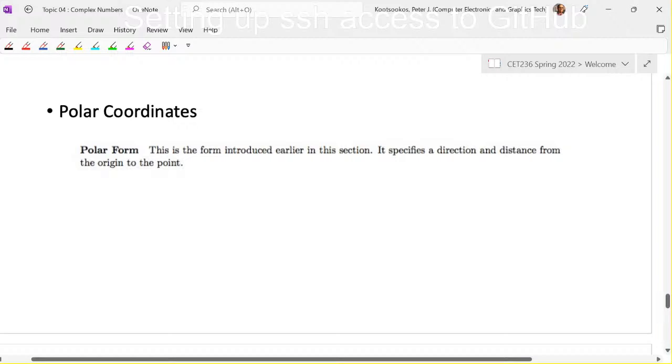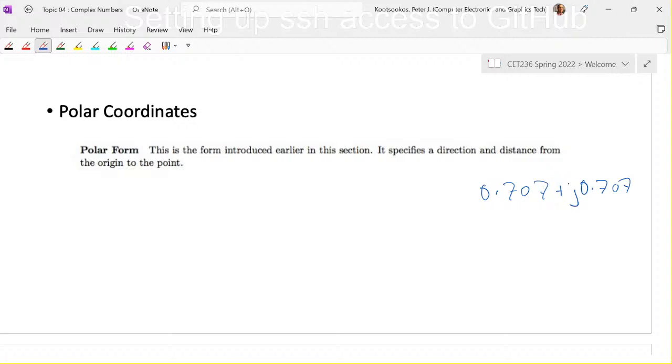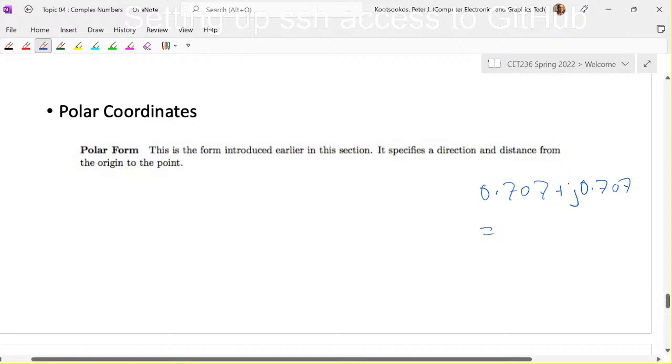So instead of 0.707 plus j 0.707, which would be the Cartesian or rectangular way of writing, you might be better off saying that that's 1 angle 45 degrees.